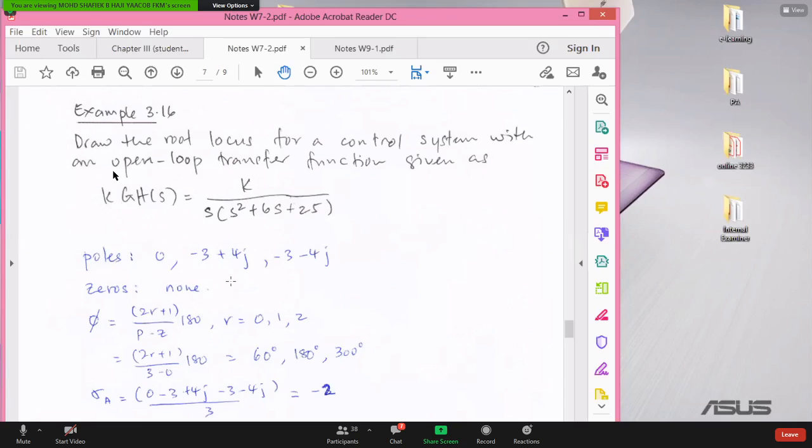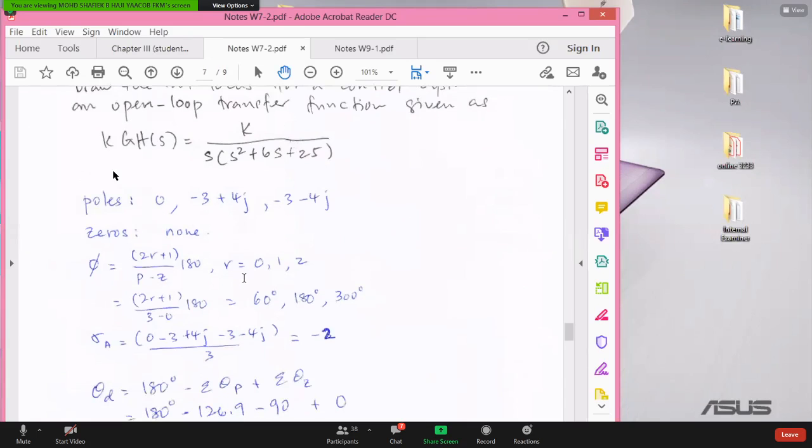Since we know that the locus will start at the pole, we're going to have three loci altogether. But since we have no zero, all of the locus will end at infinity. Therefore, we need to find three asymptote lines.